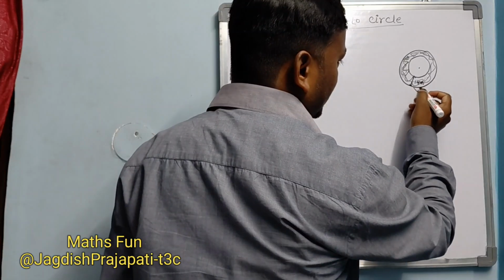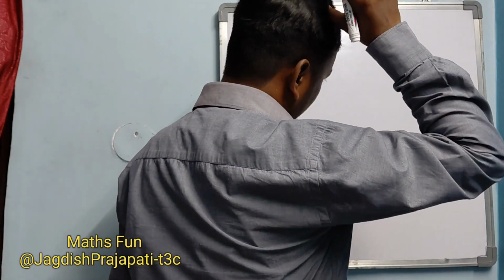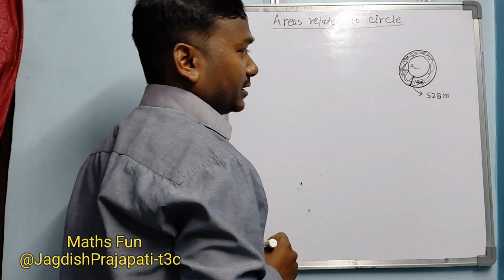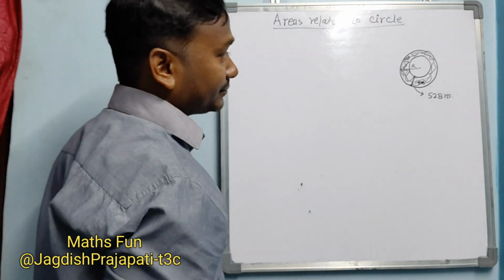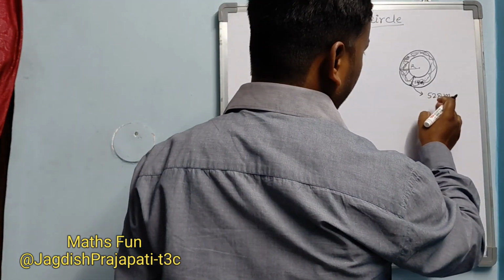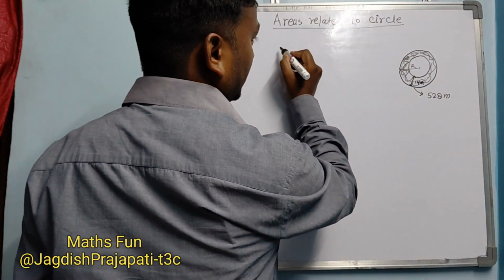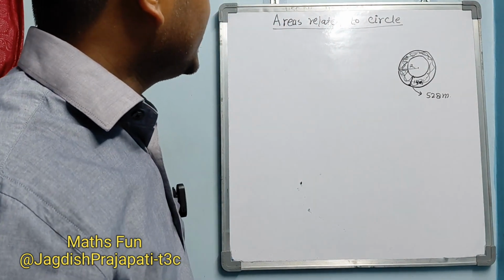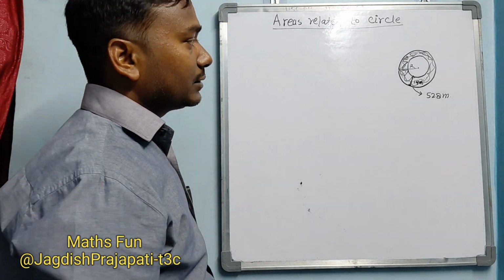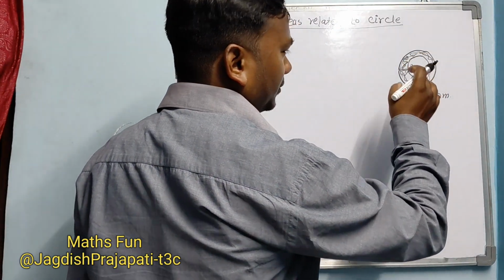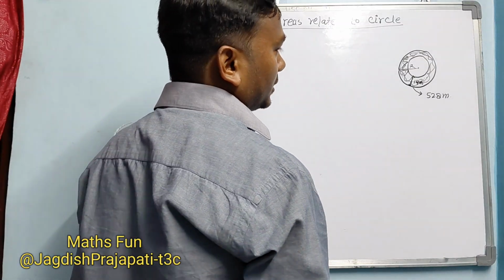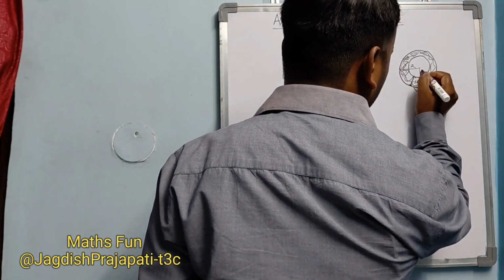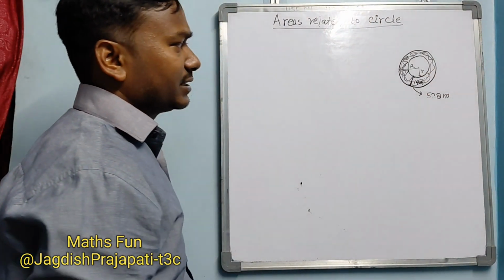So the outer circumference is 528 meter. Suppose capital R is the radius. If you want to write, then you can write: let R be the radius of the outer circle, capital R, and small r is the radius of the inner circle.